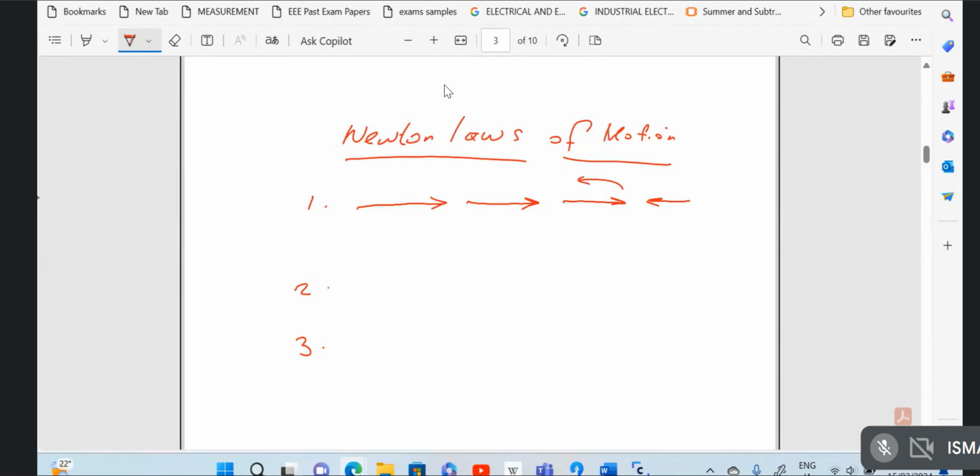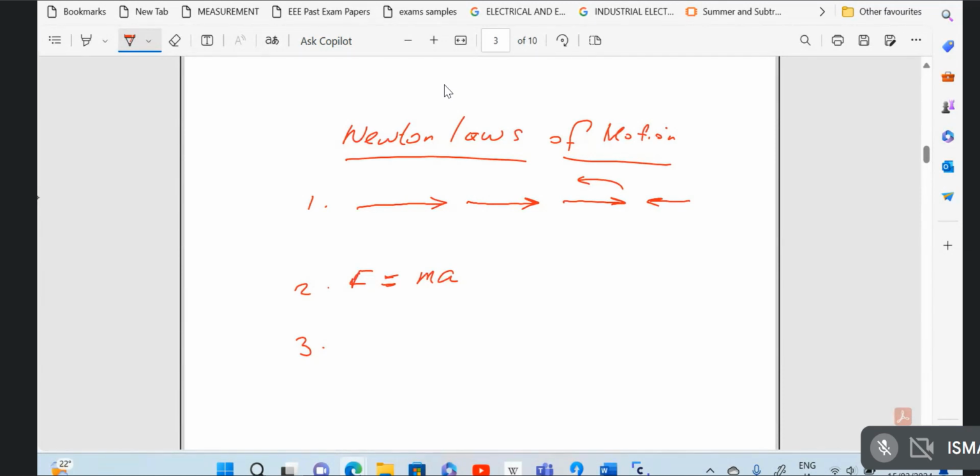Then the second law: the change of motion is proportional to the motive force impressed on it. That force applied is proportional to the acceleration.